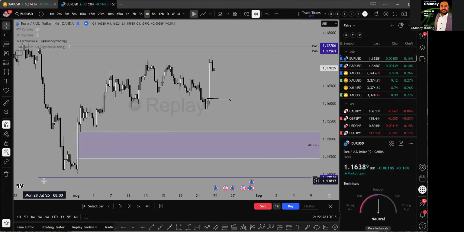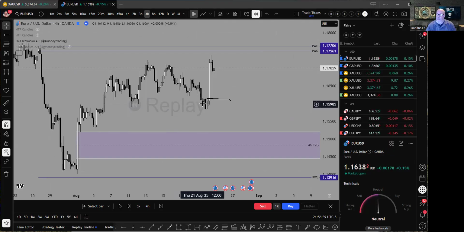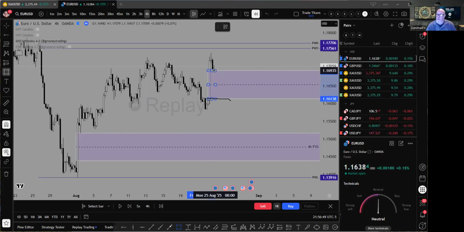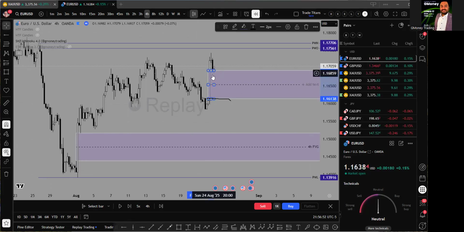Then we start looking at the candlesticks to the right of it. Go ahead and put your square on that engulfing candlestick by itself. Oh, you want me to do your rectangle fair value gap type deal? Gotcha. There it is. Perfect.